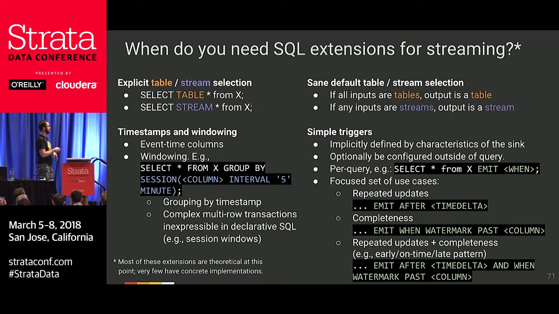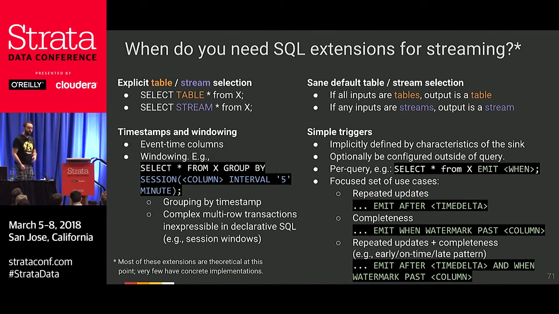We've already seen the explicit table and stream selection for being able to select what type of view of your data changing over time you want. But even better is having sane defaults so that you don't have to choose. If all the inputs are tables, a reasonable default is to have the output be a table. This is what we're all used to. If any of the inputs are streams, it's probably reasonable to have the output be a stream. And if for some reason you want one or the other, then you can explicitly specify that.